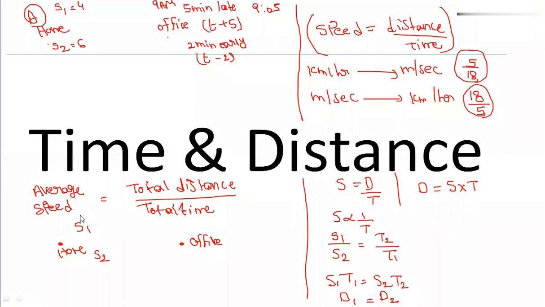I can say here the distance between these two particular points is constant. Whenever distance is constant, while reaching the destination he is going with a certain speed, and while coming back he is using a certain speed. If that is the case, average speed can be written as 2 S1 S2 by S1 plus S2.